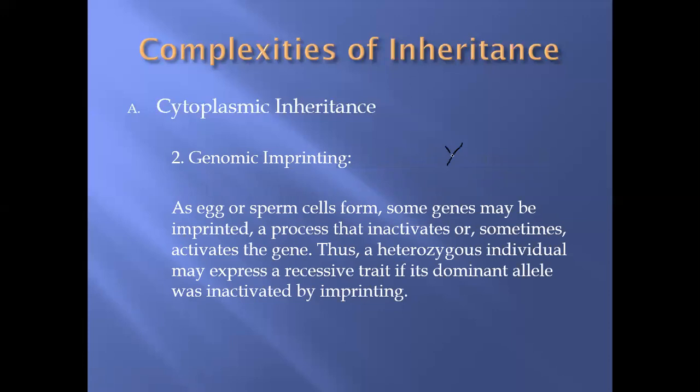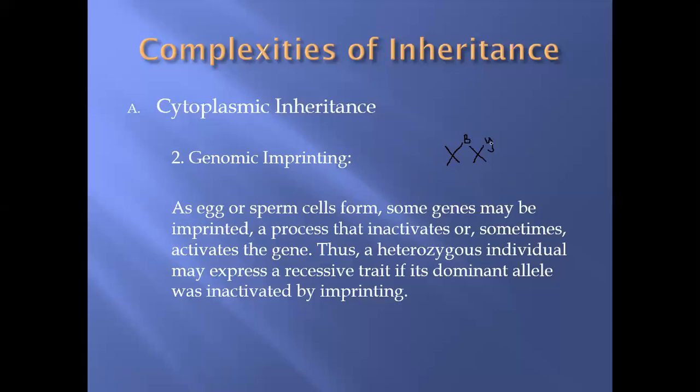Let's say we have a mouse, and that mouse has two different genes for fur color, okay? And we would say that brown fur is dominant to yellow fur. I'm just giving you two different letters to illustrate this.